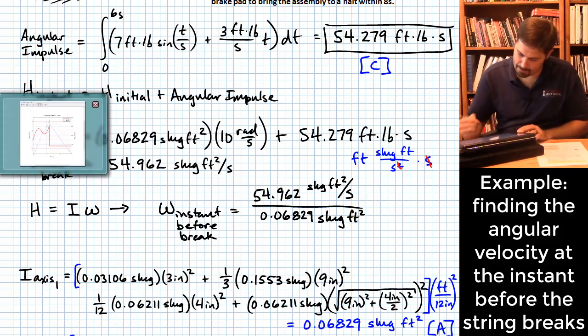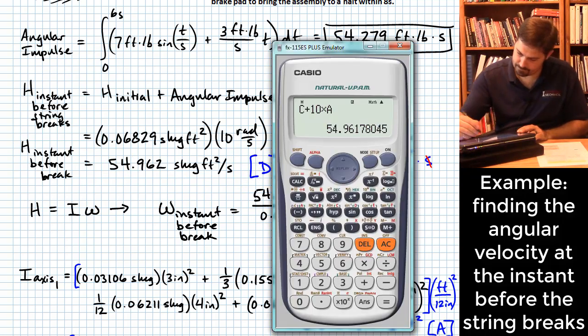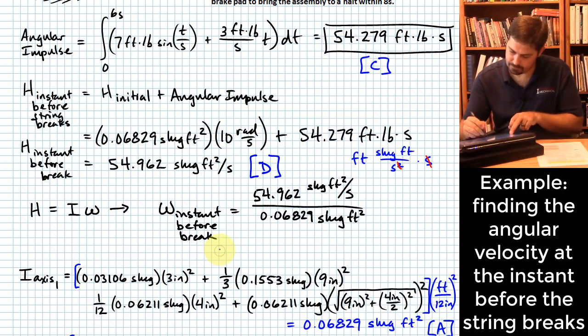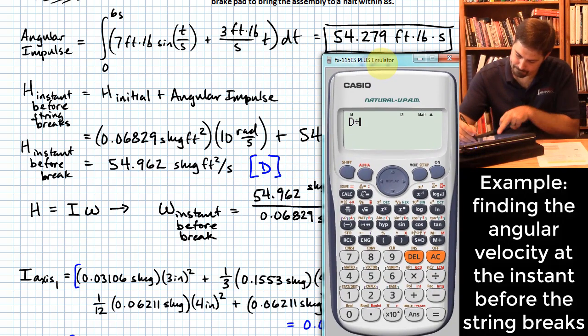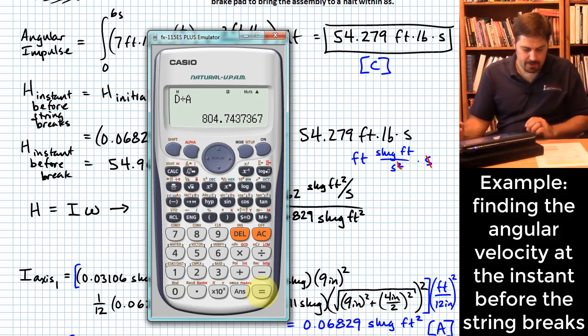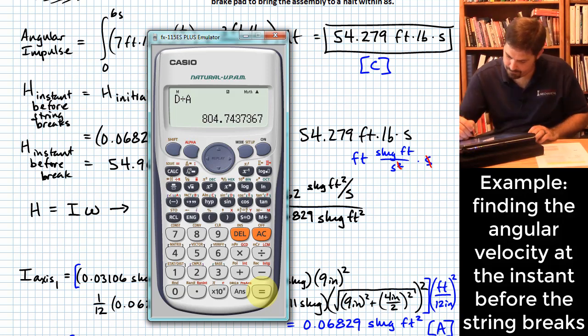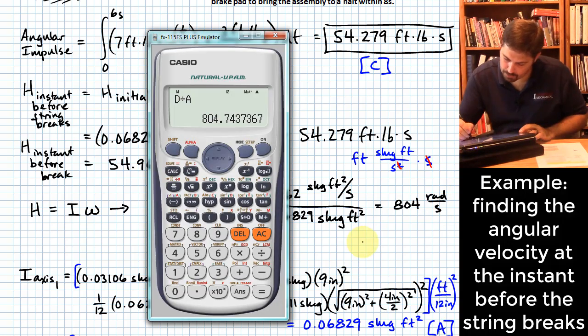All right. Let me actually take this. I don't think I've stored this value yet, so let me store this into D. Okay, and so I'll take D and divide it by A. Okay, which gives me 804.7 radians per second.